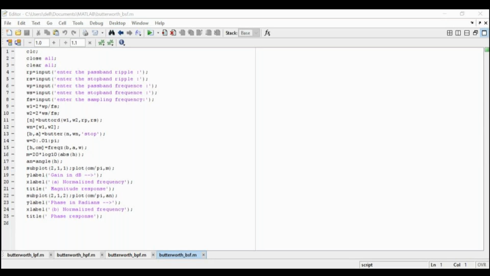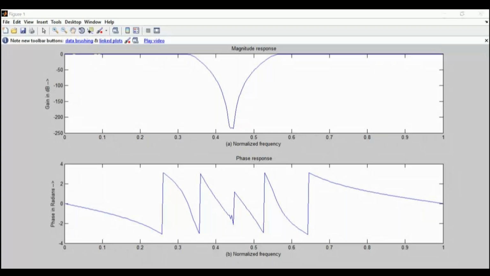Now I will enter the inputs and run the program. So this is the figure window for this band stop filter after entering the inputs.